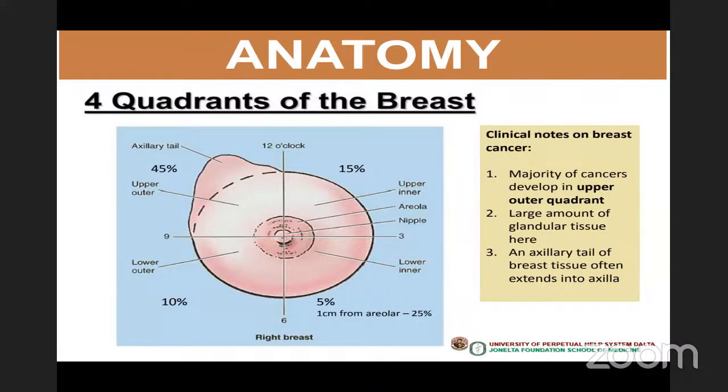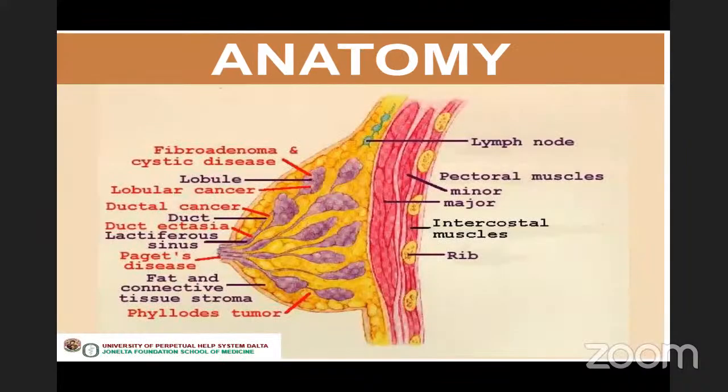So this would be where your usual breast diseases, both benign and malignant, would commonly grow. Some would be at the ducts, some at the lobules, some in fat and necrotic tissue, and the like.